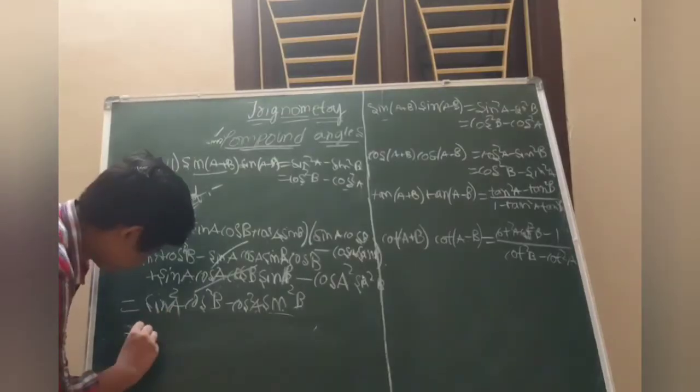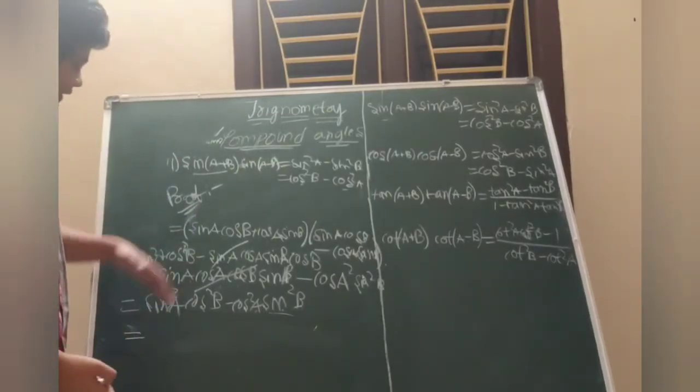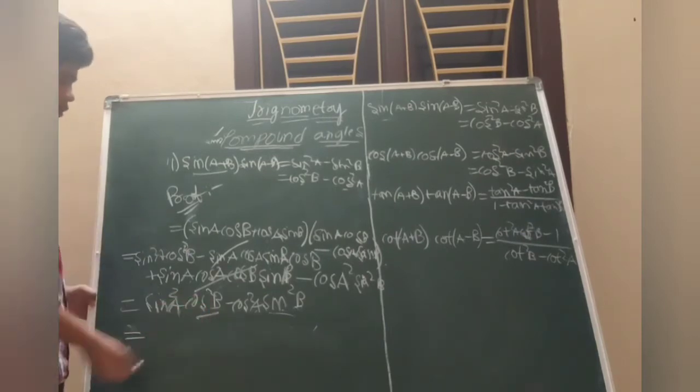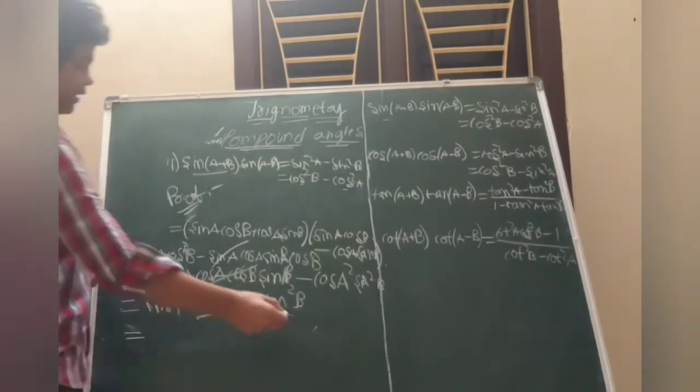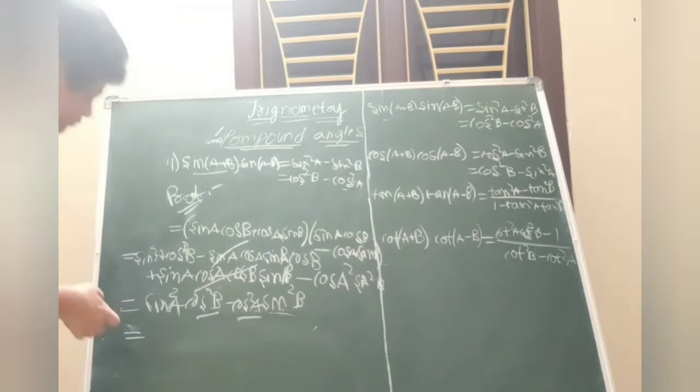So from here, let us change cos square B and cos square A in terms of sin.